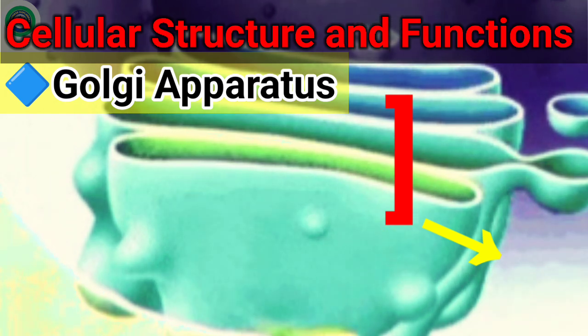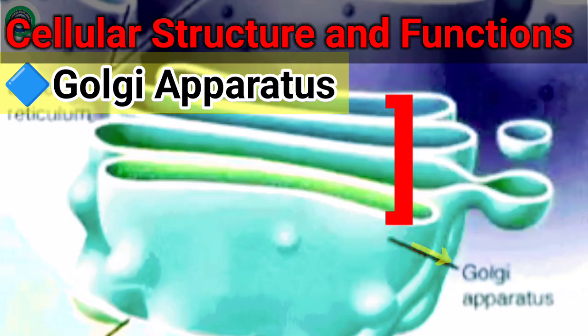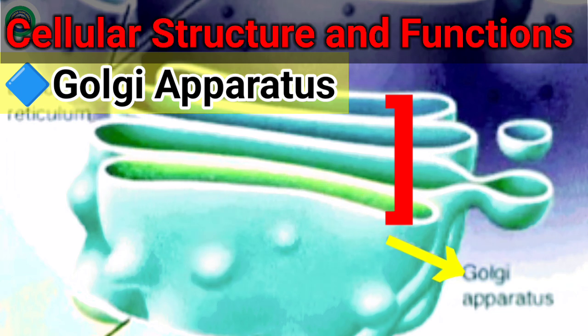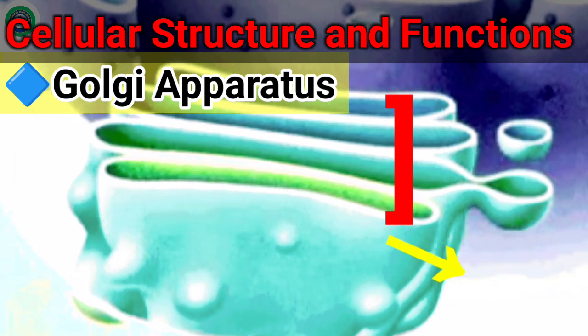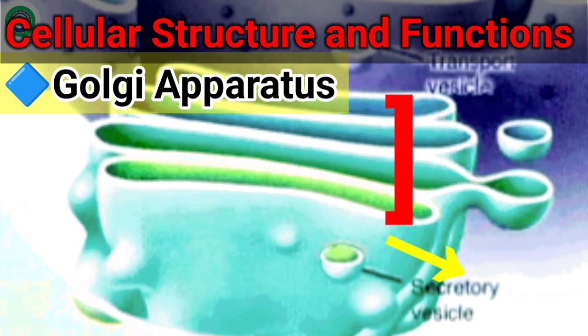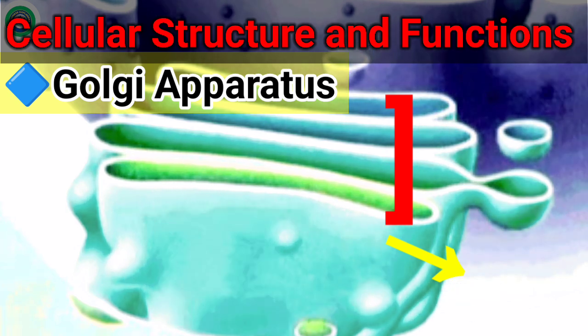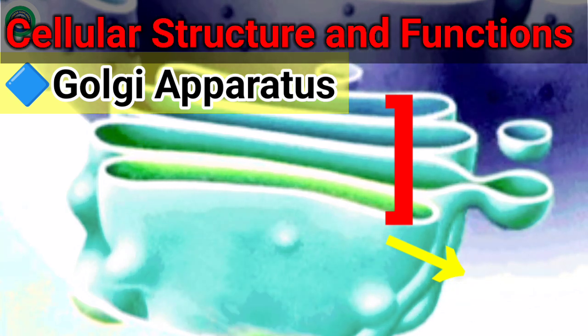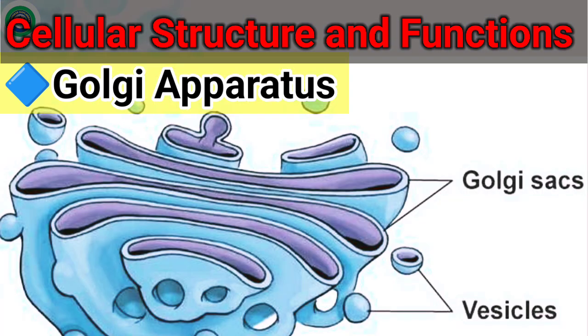It is found in both plant and animal cells. It modifies molecules coming from the rough endoplasmic reticulum and packs them into small membrane-bound structures called Golgi vesicles. These vesicles can be transported to various locations in the cell or to the exterior in the form of secretions.